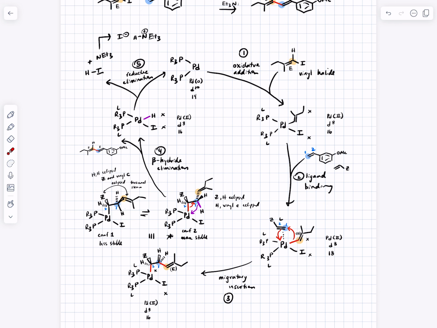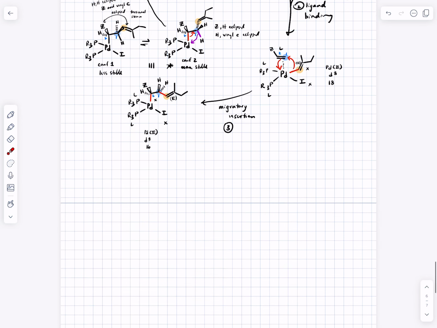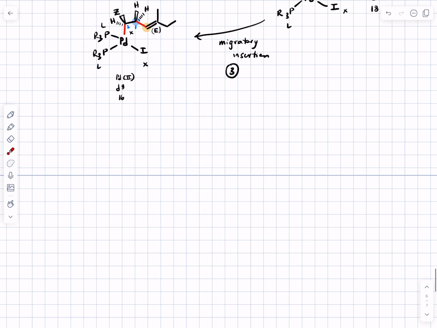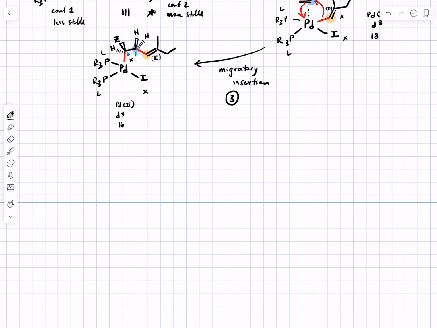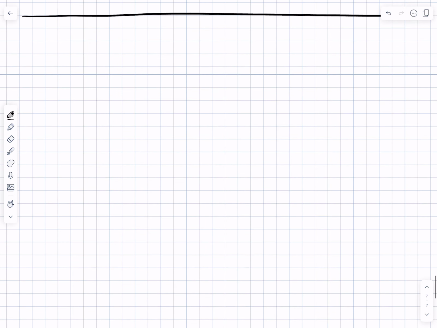All right, the next couple of reactions that we're going to talk about are carbon-carbon bond forming reactions, but don't necessarily involve transition metals. One of them will, one of them won't.